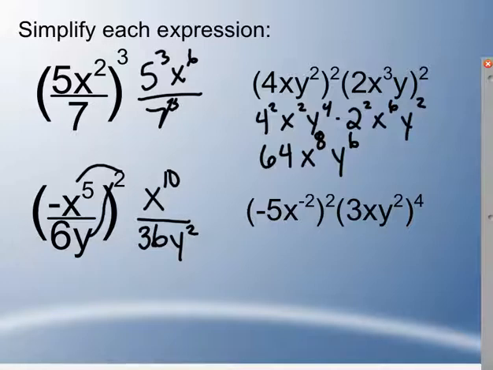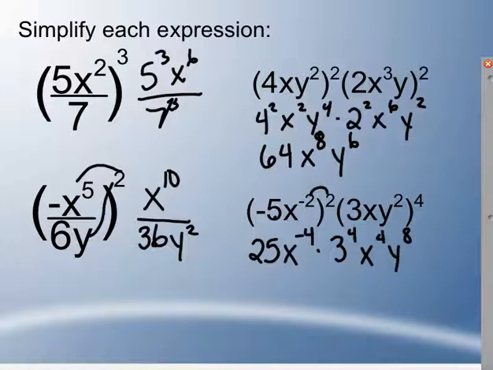And lastly, if I do negative 5 squared, I'm going to get a positive 25 x to the negative 4th, because I'm multiplying the powers, times 3 to the 4th x to the 4th y to the 8th.